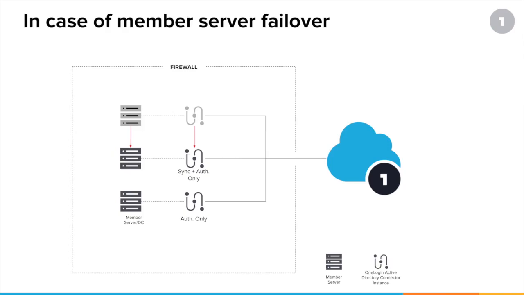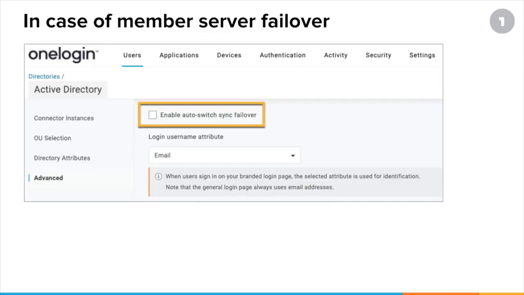But the automatic failover only works if you checked Enable Auto Switch Sync Failover. If you haven't checked this checkbox, then you would have to manually promote one of those other connector instances, as we looked at in the previous slide.